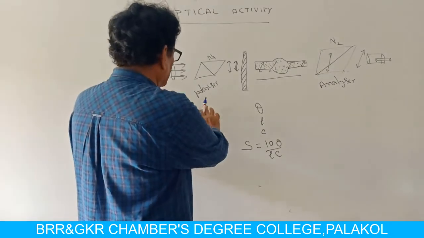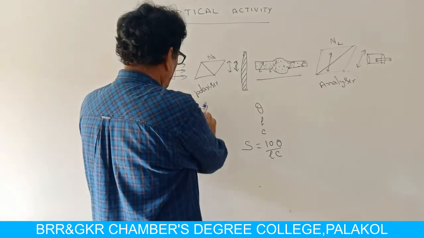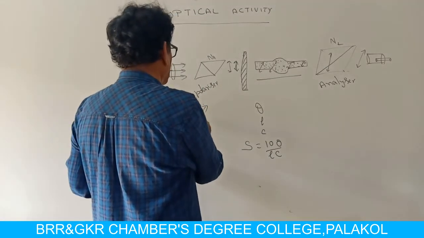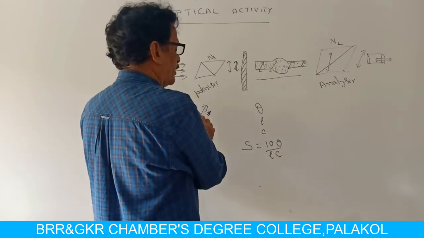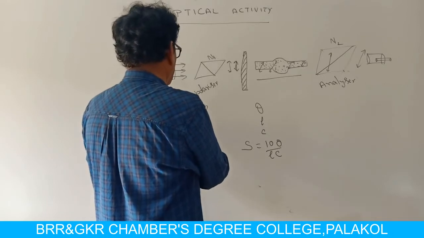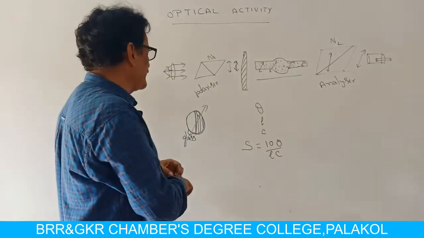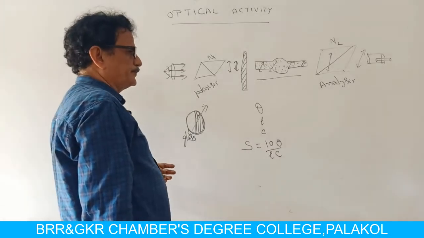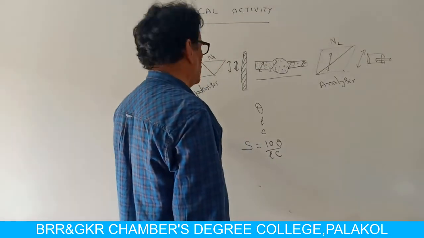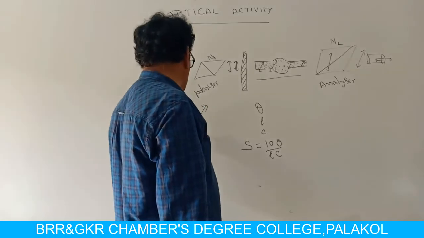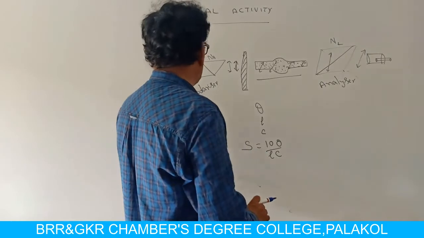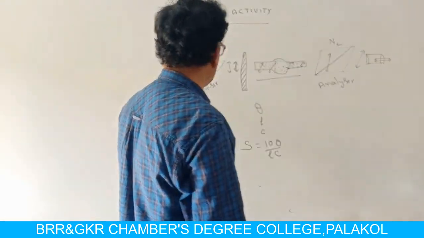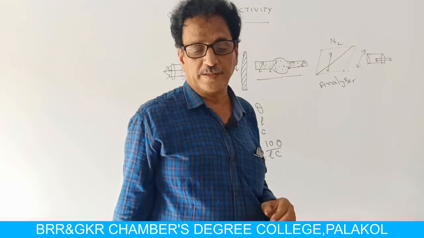If you rotate the plate through theta degrees, then the vibration is along the axis, and now both halves will appear with the same brightness. So, with the help of this contrast between the two halves, we can find the correct value of theta. This is the purpose of the half shade.